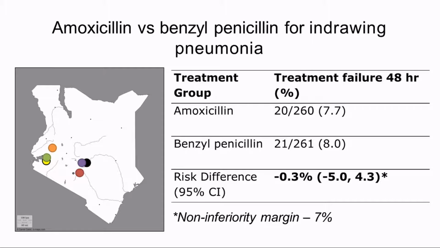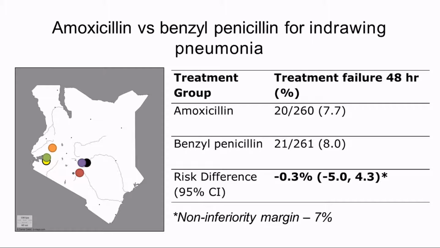So we followed them up for predefined treatment failure at 48 hours and specified a non-inferiority margin of 7% to conclude non-inferiority for amoxicillin versus benzyl penicillin. You can see from this slide that 7.7% of the children on amoxicillin failed treatment at 48 hours compared to 8% of those on benzyl penicillin.